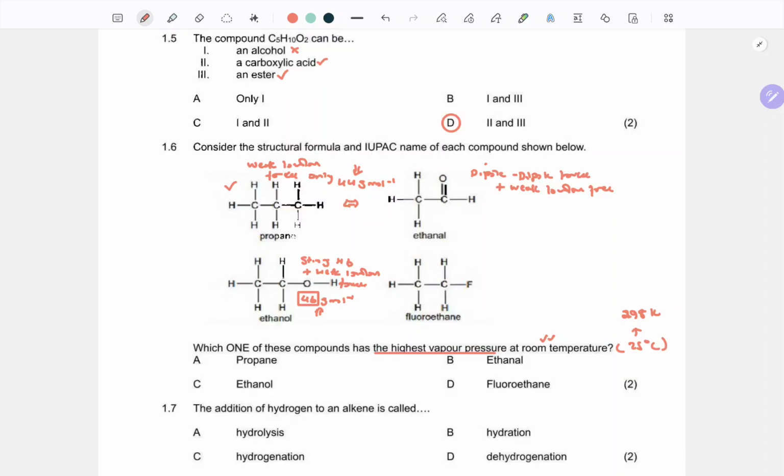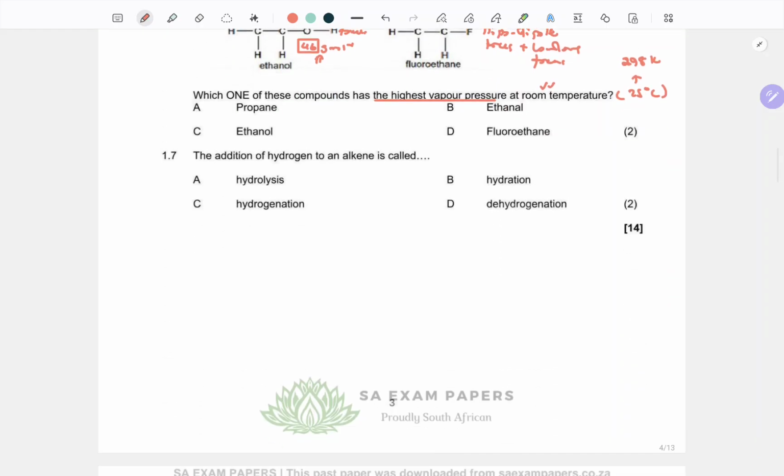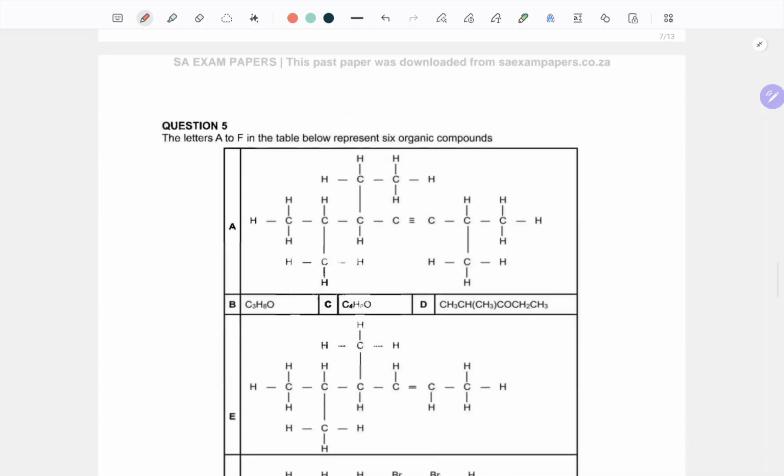So this is why this kind of question, I feel, is not quite good. Anyway, let's look at fluoroethane. Fluoroethane has dipole forces plus the London forces. So what would be the molar mass of this? By the way, what's the molar mass of fluorine? I hardly checked. Let's just go and have a look.